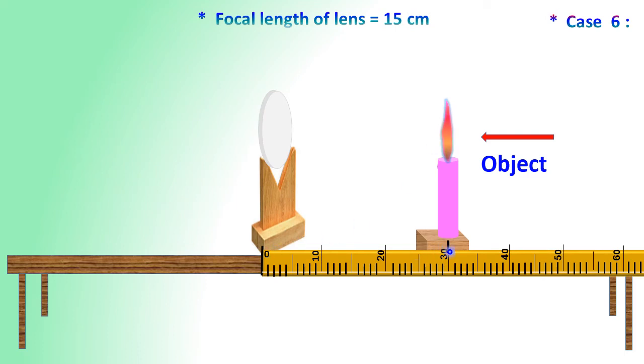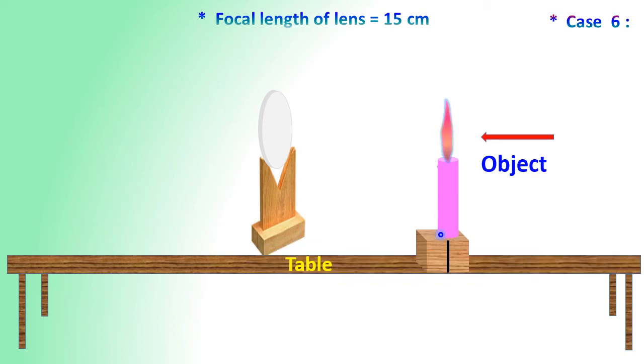Yes, here the object is placed at the distance of 30 centimeters from the lens. So object distance equal to 30 centimeters. Now let us bring the screen from this side slowly towards the lens to obtain the clear image on it.